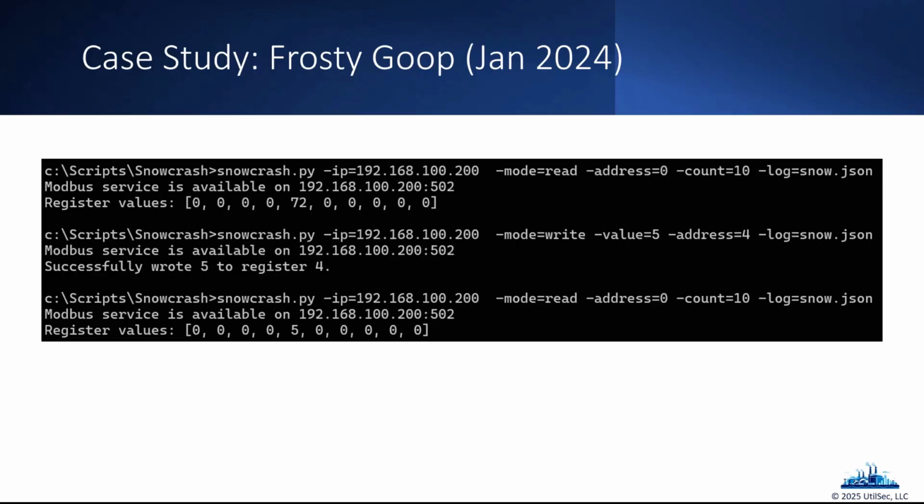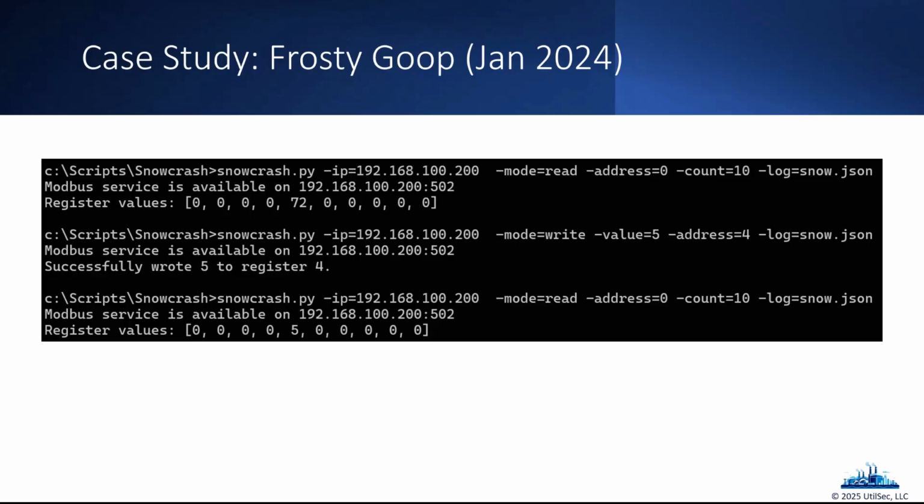So you can see that we say start at address 0, which is the first register. It's 0-based numbering. I know I'm not a fan, but we're going to start with the first register and show me the first 10 register values, and log all that response to a file called snow.json.